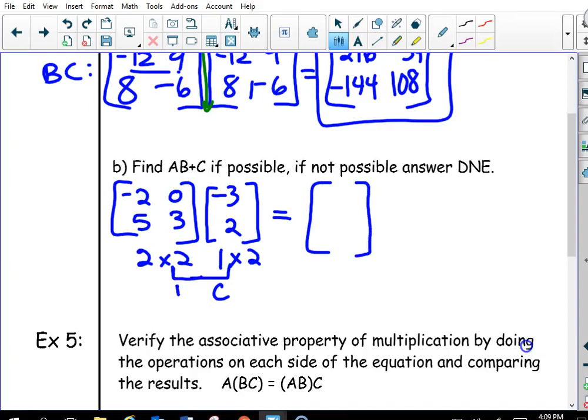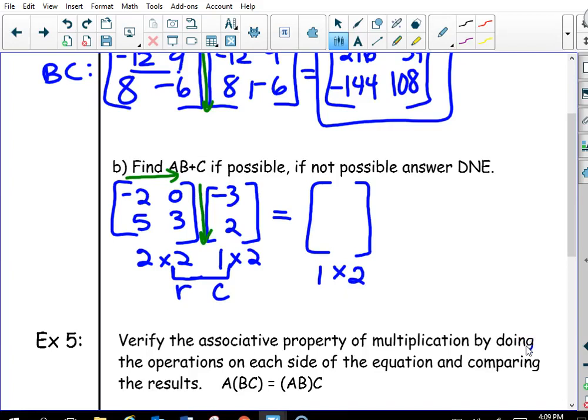What we use is the number of rows in the first matrix and the number of columns in the second, but remember we switch these because our matrix goes by columns and rows, 1 by 2. So this will work. Again, remember my direction of multiplication.